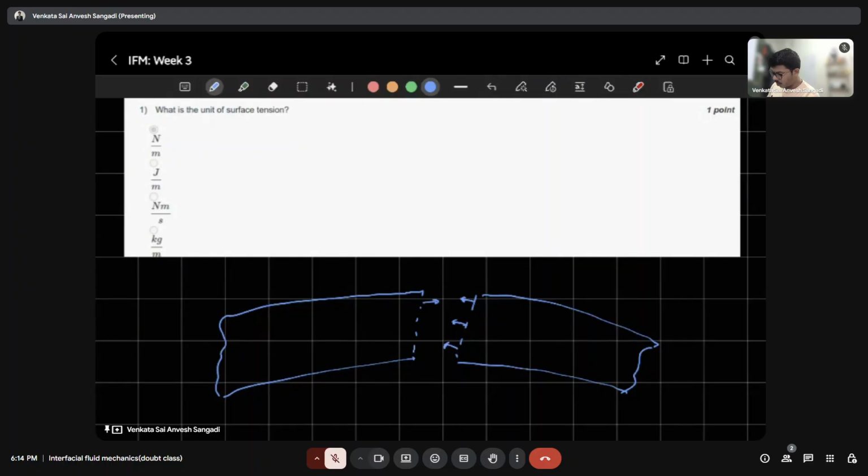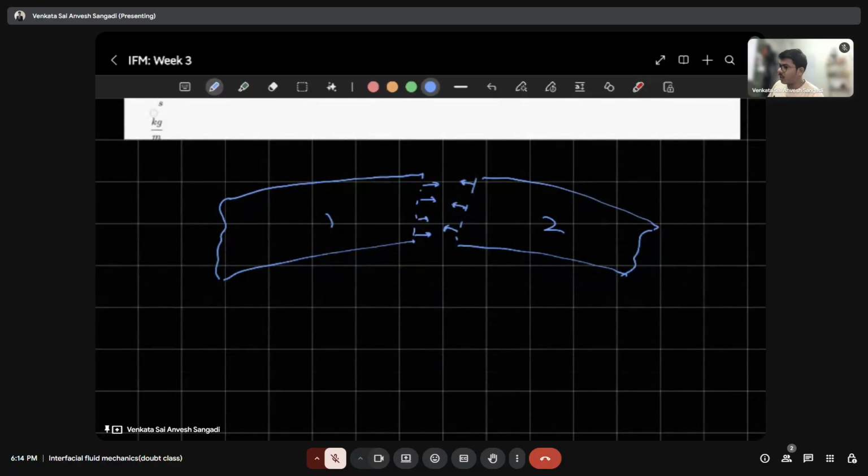Similarly, the force on this surface will be by the second surface: surface 2 pulls surface 1 towards itself. So the surface tension acts only on a line.